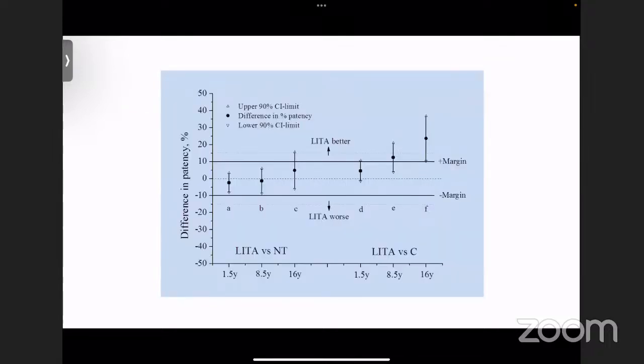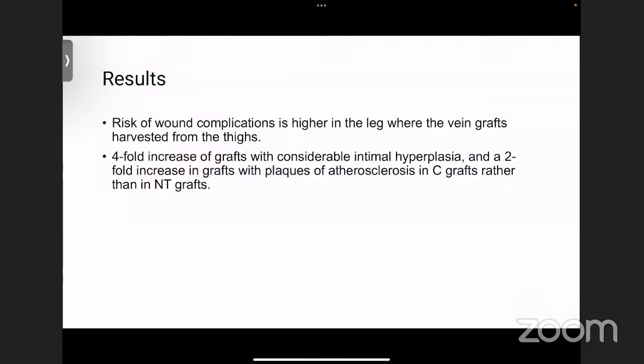And we can see in this plot the no-touch on the left, and the conventional on the right. The no-touch was quite close to the LIMA until the 16 year, where it deviated a little bit, compared to the conventional, of course, which was incomparable to the LIMA.